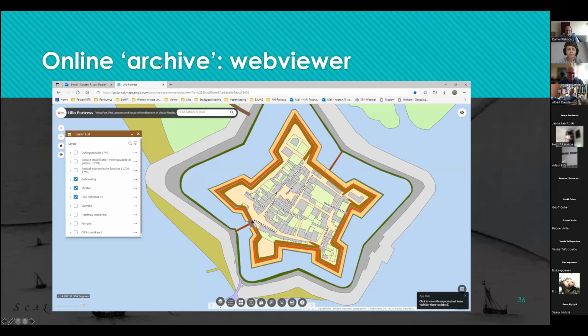Right, so that means, in fact, an online archive. This information has all been put in the web viewer, so you can look at this interactively.